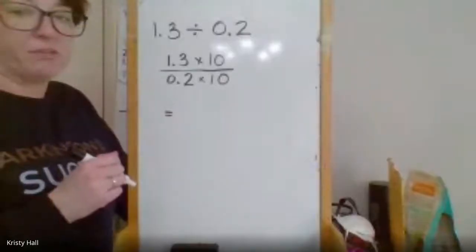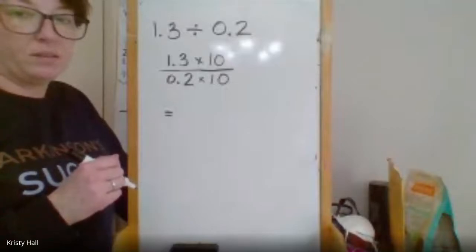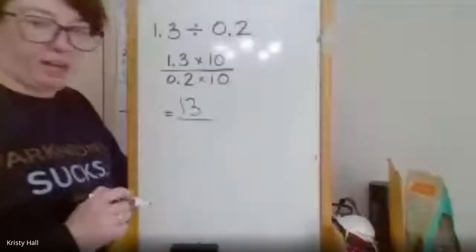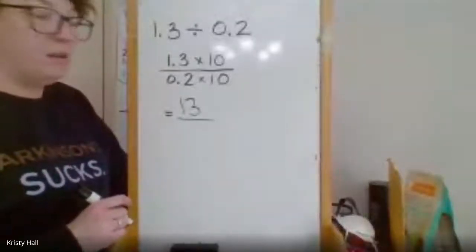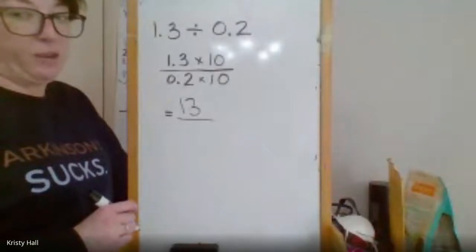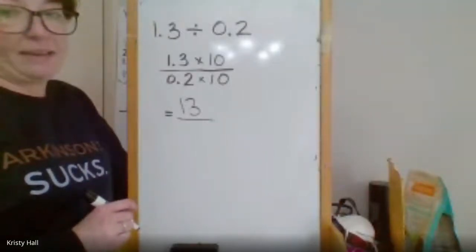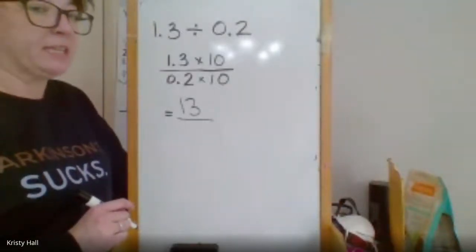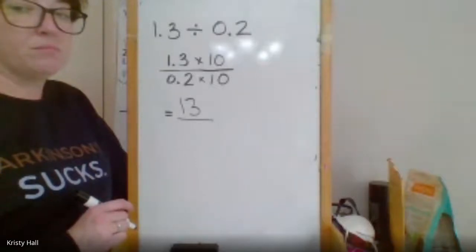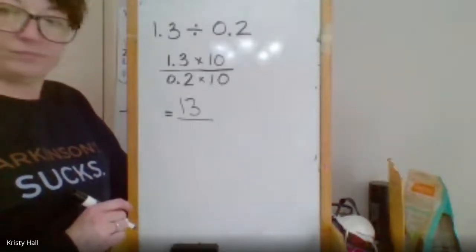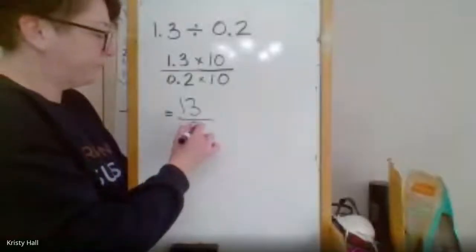Not just 3. Don't forget about the 1. 13. Perfect. I want you to help me with the bottom number. We had 0.2 times 10. Think about how the decimal moves. Is it just 2? Yep, you got it.